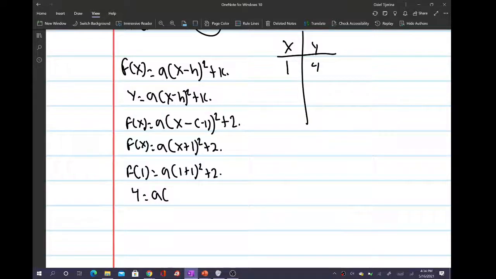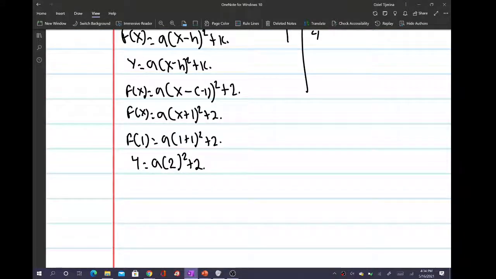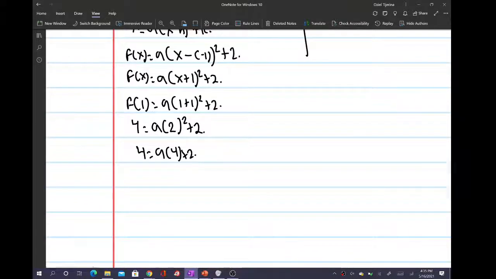So it's 4 equals a times 2 squared plus 2, right? So then we have 4 equals a times 4 plus 2, right? And we can say 4 equals 4a plus 2.